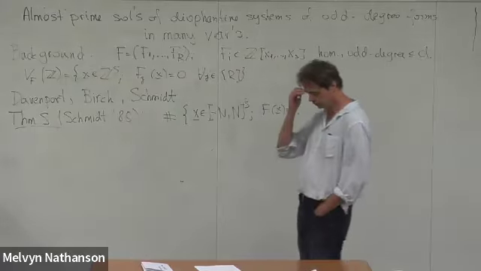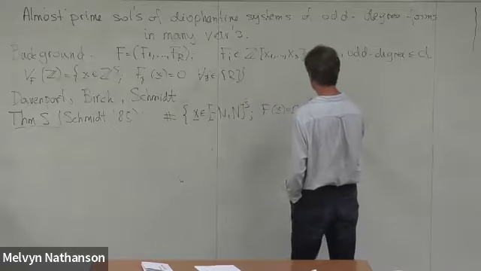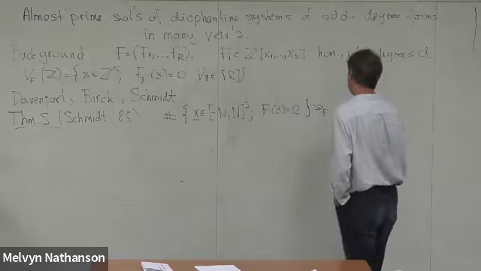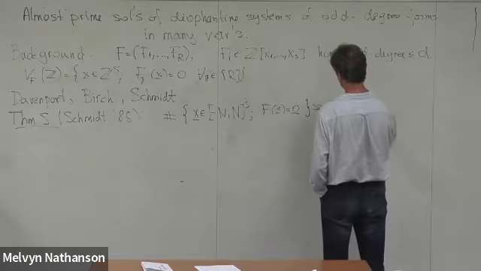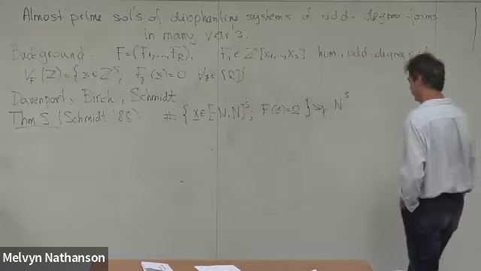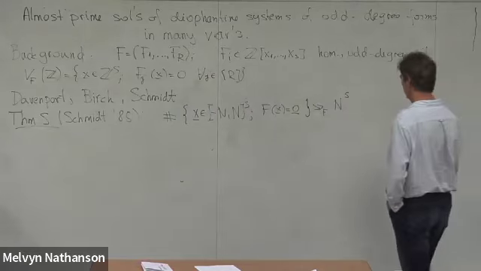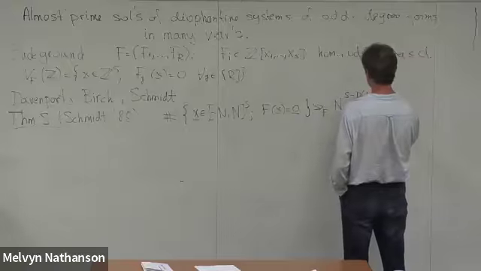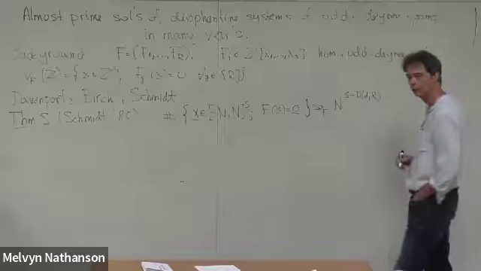And this number is bigger than a positive constant depending on F, times N to the s, which would be the count without any restriction, minus some constant in the exponent that depends just on the degree and number of polynomials.